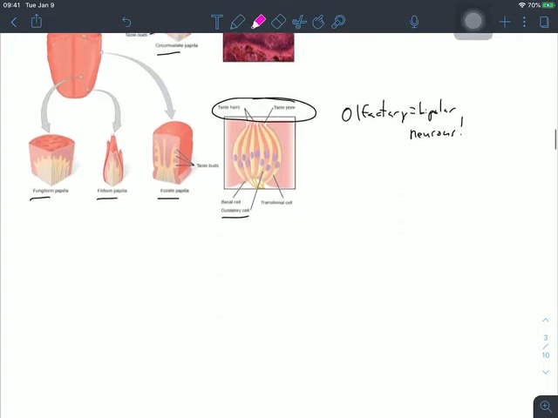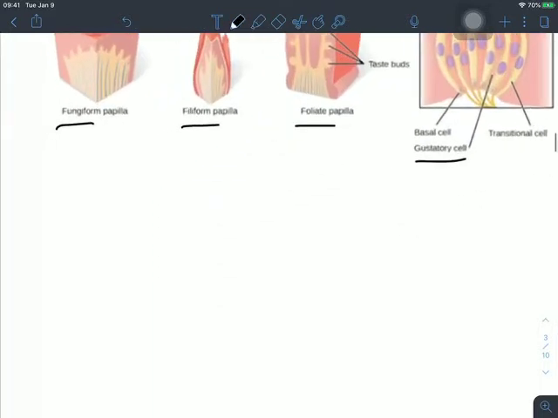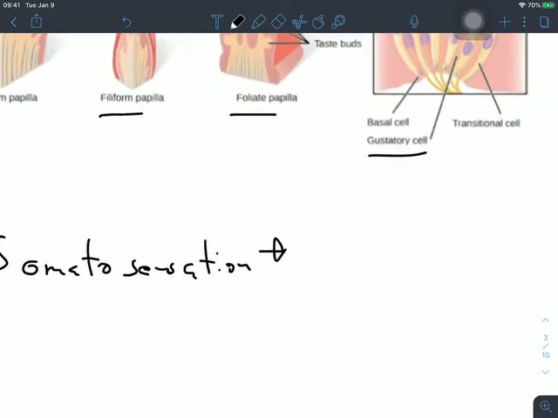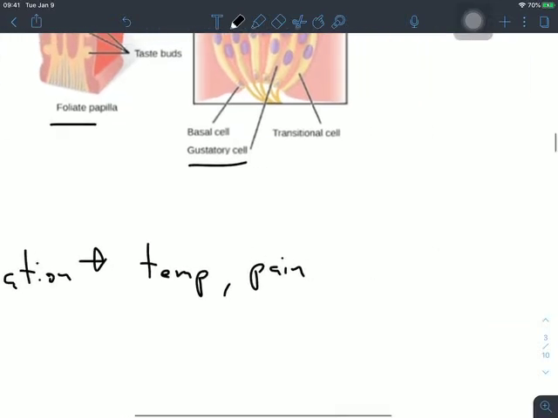So next up, we will talk about our sense of somatosensation. That being our ability to respond to stimuli such as temperature, pain, and pressure or pushing.